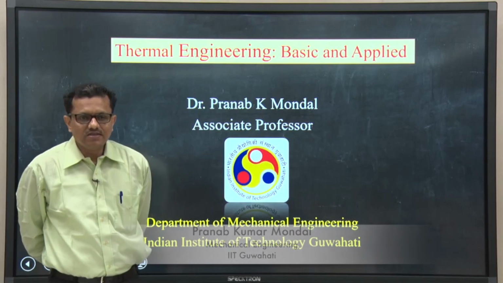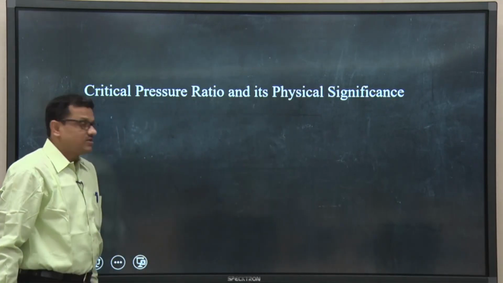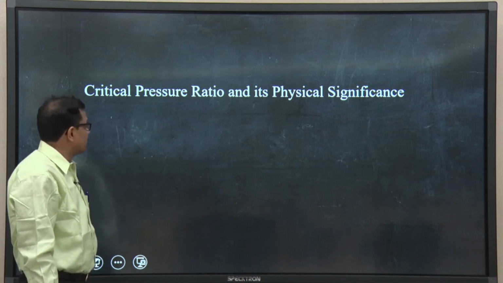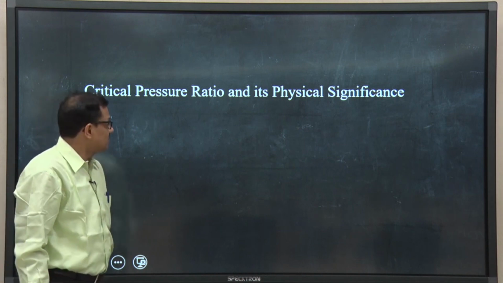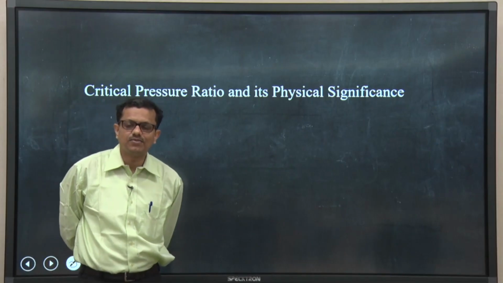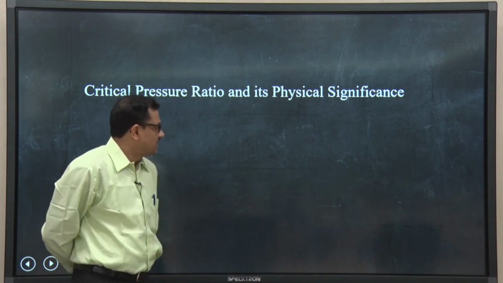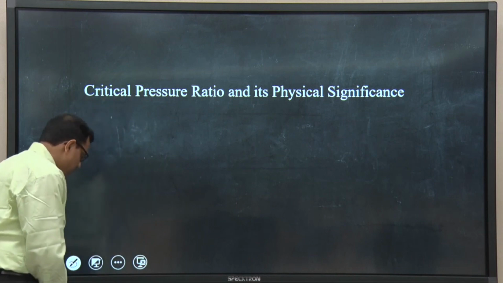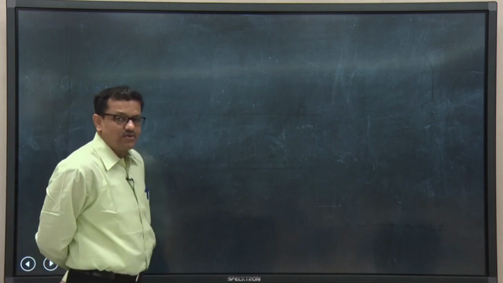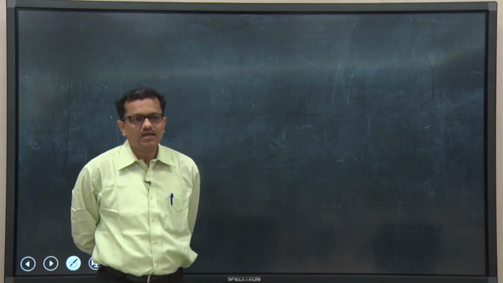I welcome you all to the session of thermal engineering basic and applied, and today we shall continue our discussion on the critical pressure ratio, and finally we shall try to discuss the physical significance of critical pressure ratio essentially in the context of nozzle flow and the design of flow nozzles. In the last class we could establish the expression of critical pressure ratio.